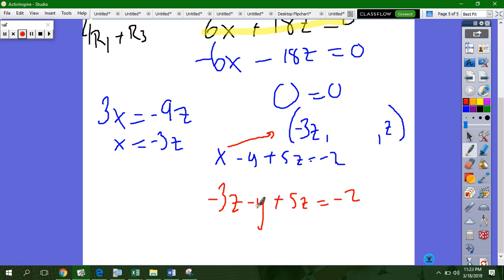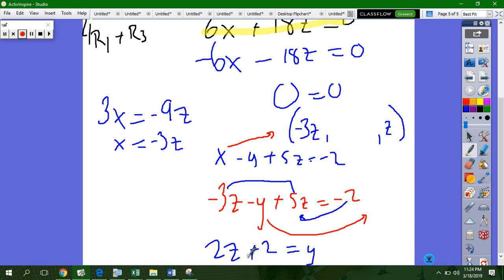So let's go ahead and solve for y. So I'm going to add him over, and this 2 is going to come over here. So I get 2z plus 2, because he came over from the other side, equals y.